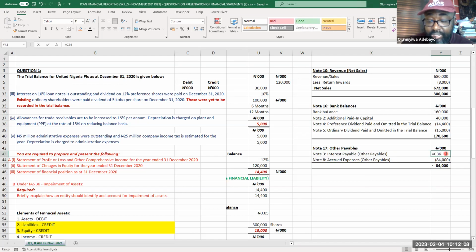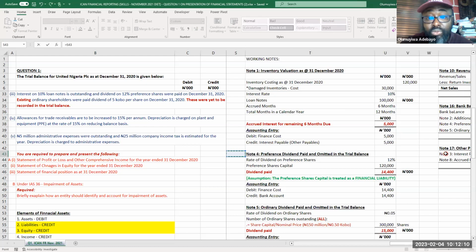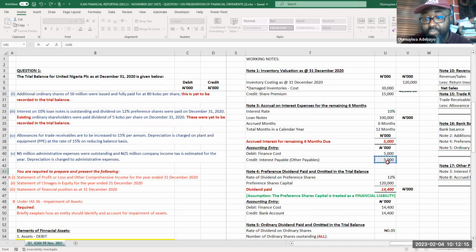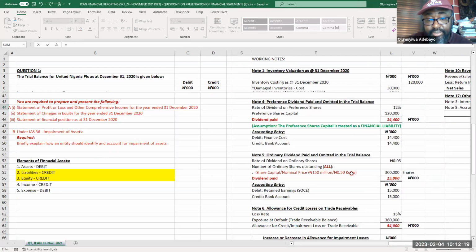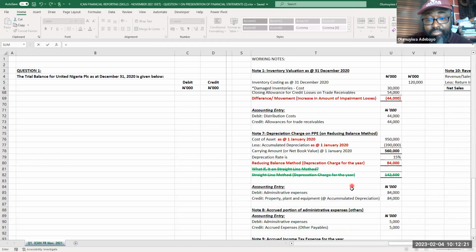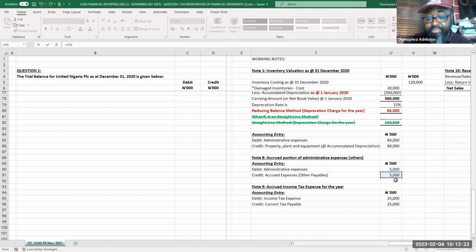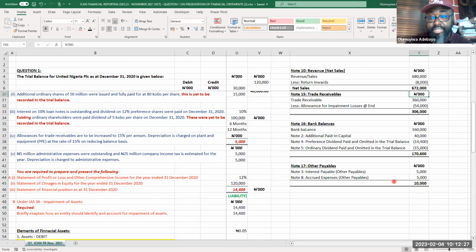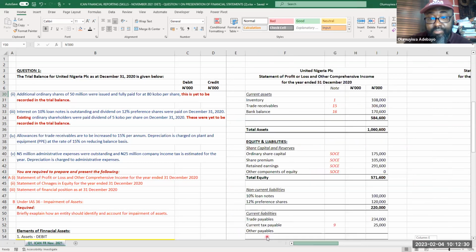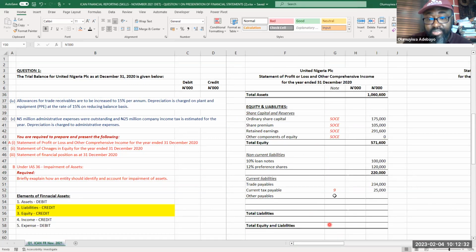Therefore, what do I have? Note 3 is 5. Note 8 is also 5. That gives me 10. Okay, I can link that now. That's note 17.